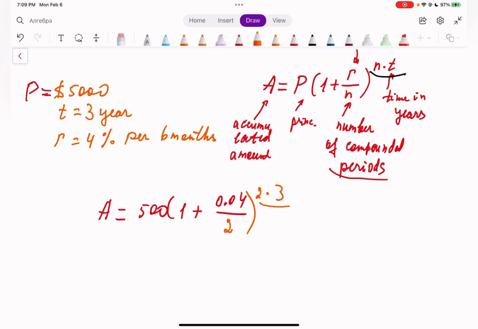I'm getting 1.12616 and so on, and all this times 5,000, and I'm getting 563.08. I don't know if I have to round to a decimal.